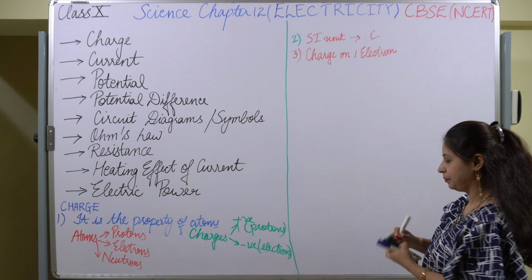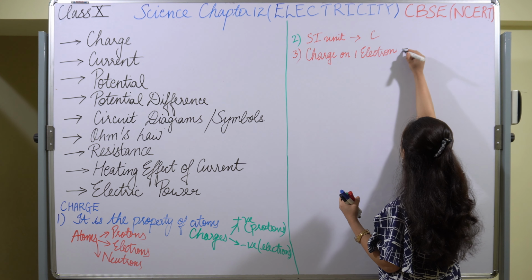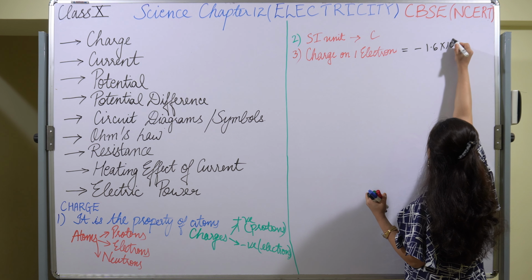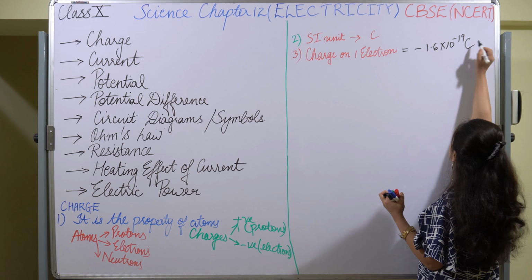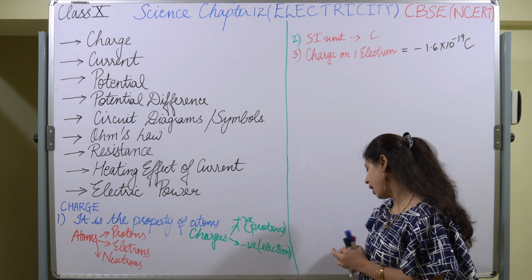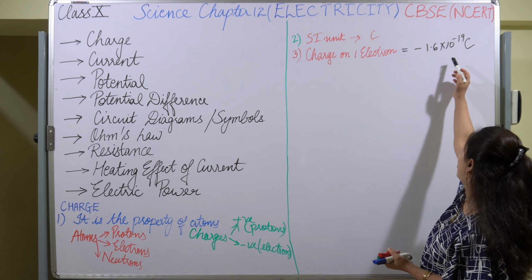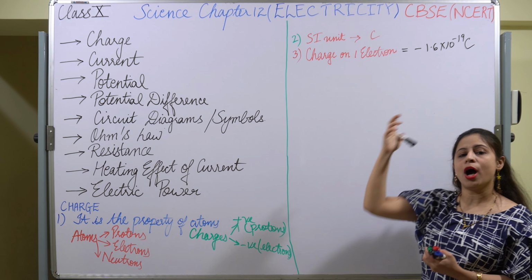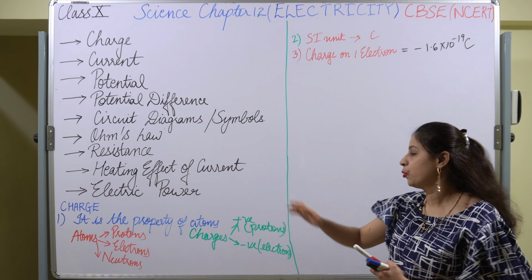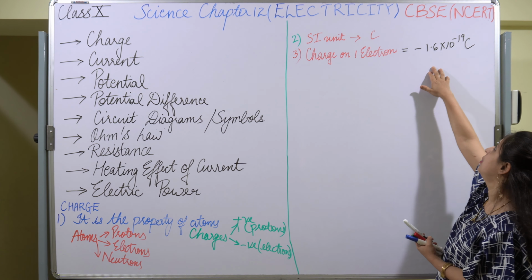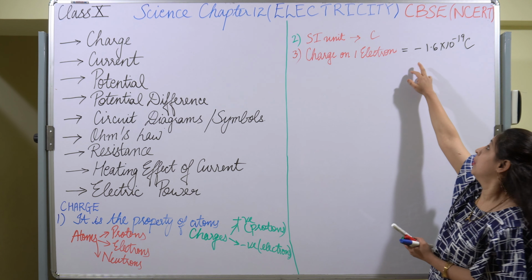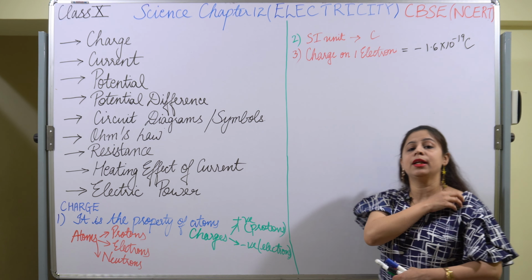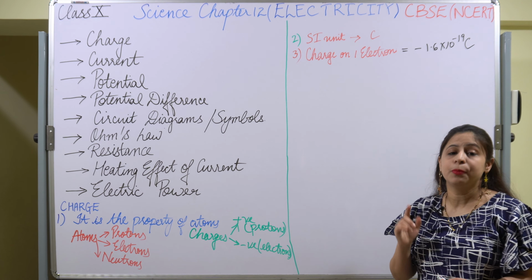It is given by minus 1.6 into 10 power minus 19 coulomb. The charge on one proton will be the same, 1.6 into 10 power minus 19, but with a positive sign instead of the negative.